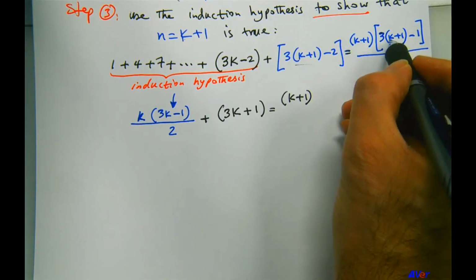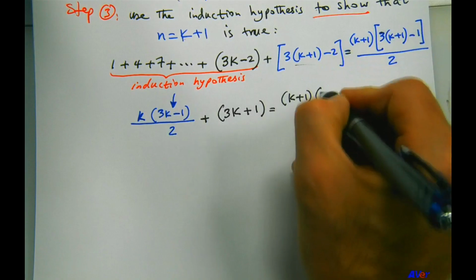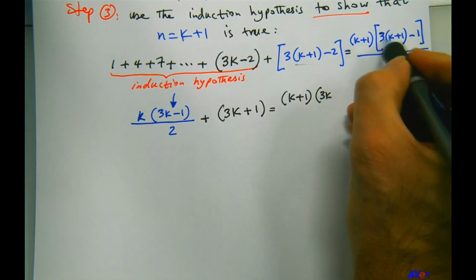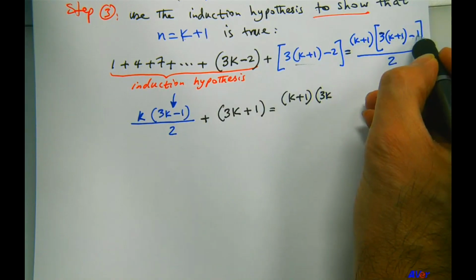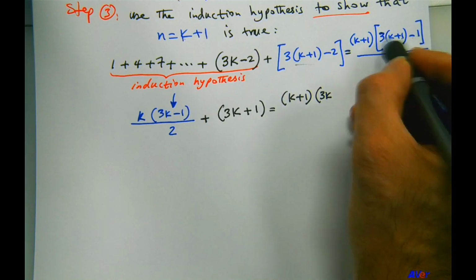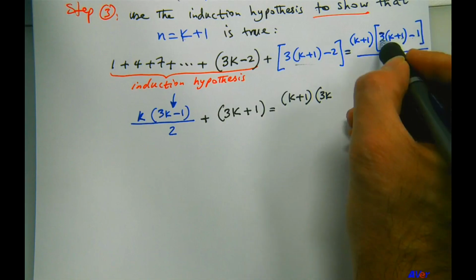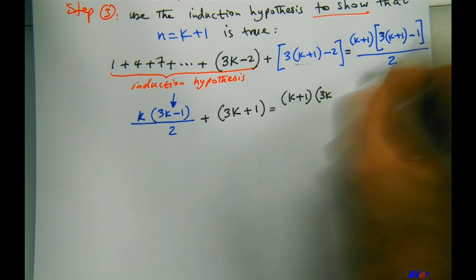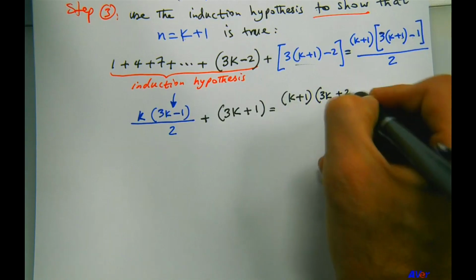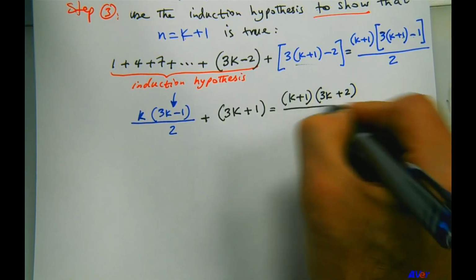That's 3k. Then 3 times 1 is 3 minus 1 is 2, right? Because this 3 distributes itself just into these two terms, not that one. So 3 times 1 is 3, minus 1 is positive 2. So positive 2 over 2.